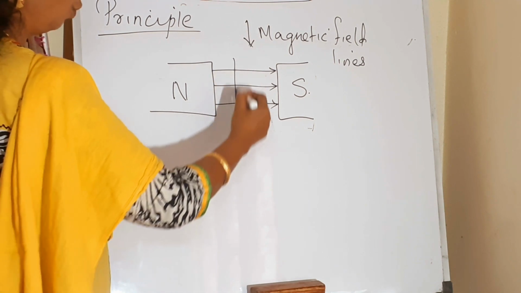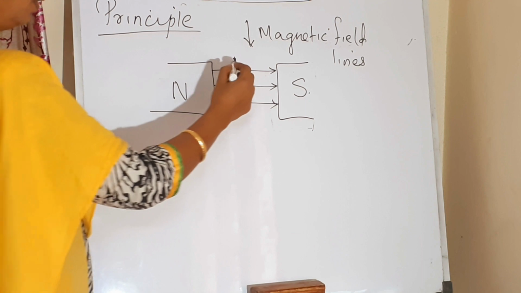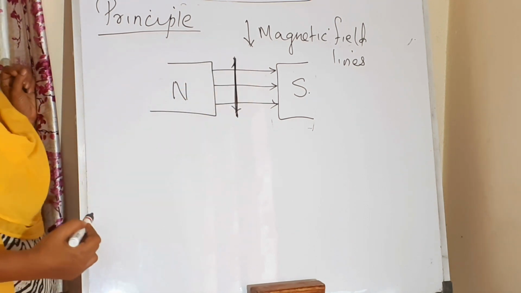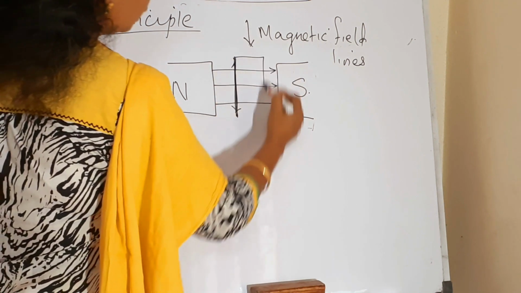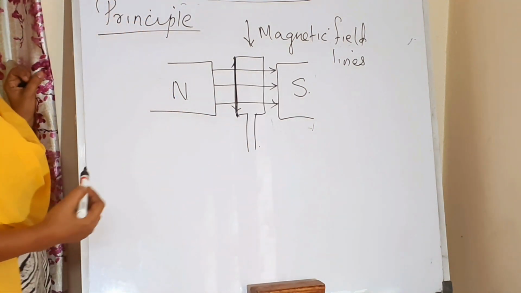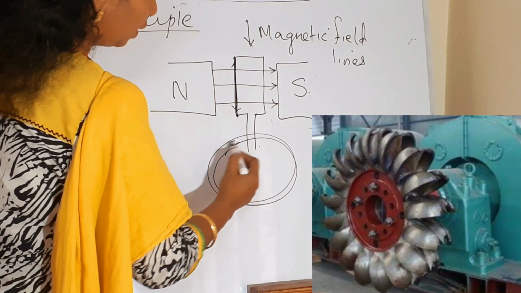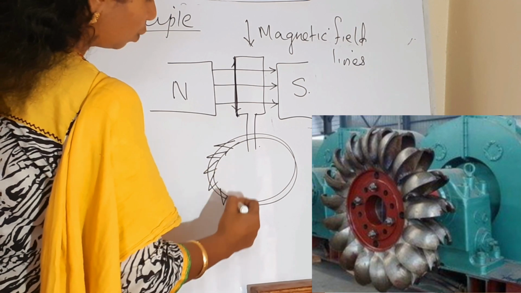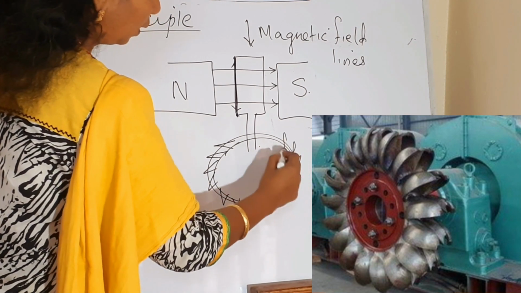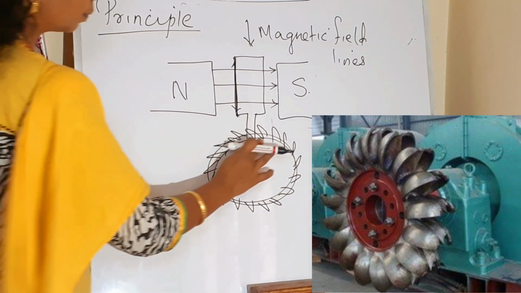Now suppose you move a copper coil to and fro in this magnetic field, it can produce current. So this is a coil, which you call an armature, and there will be a turbine connected to this, a turbine which has many teeth-like structures like this. A big turbine will be connected to this armature.